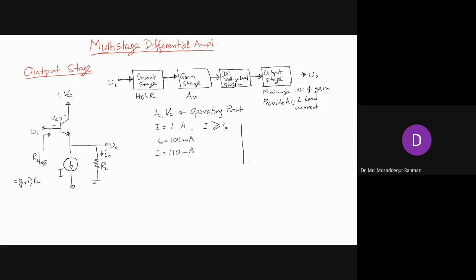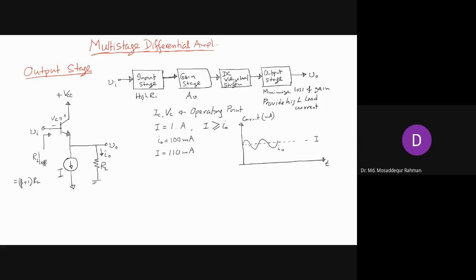So if I show it in the graph, it will be something like this. Let's say this is the time axis, and this is our current, right? Let's say ampere or milliampere, whatever. So this is our bias current, and our signal current is something like this, I naught, right?